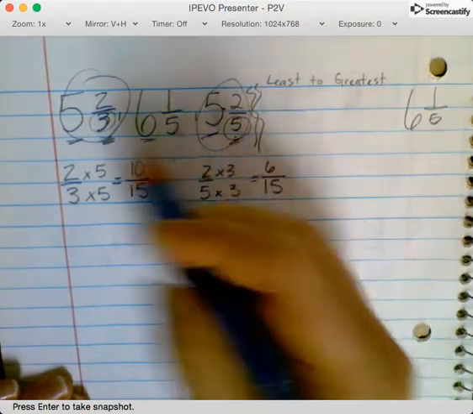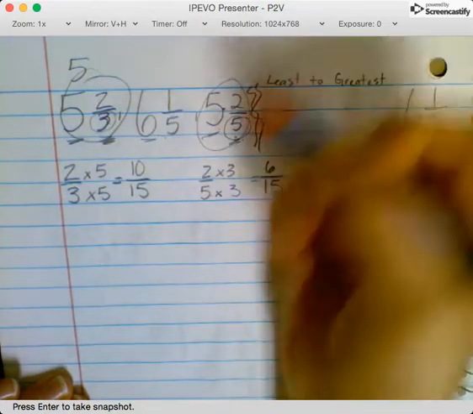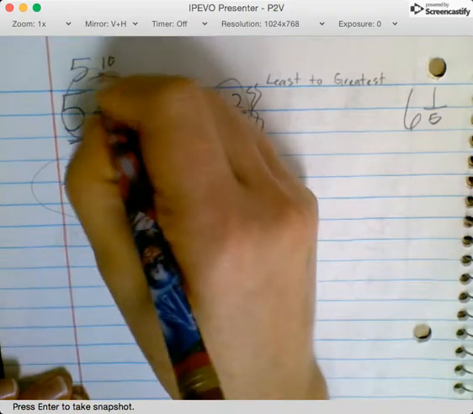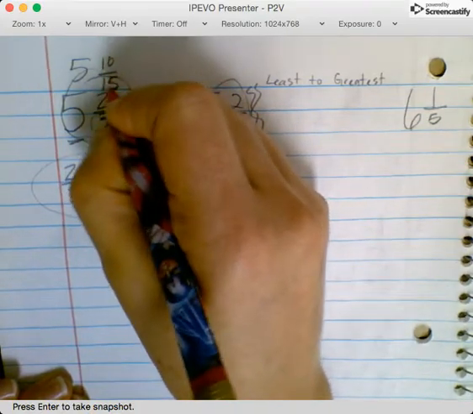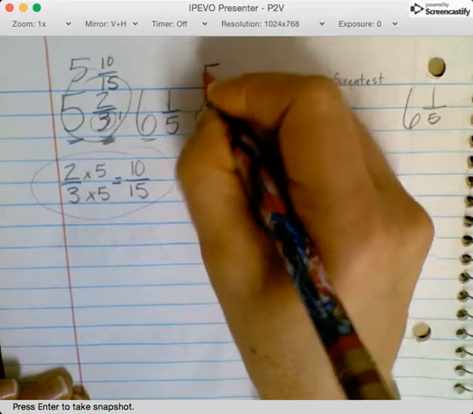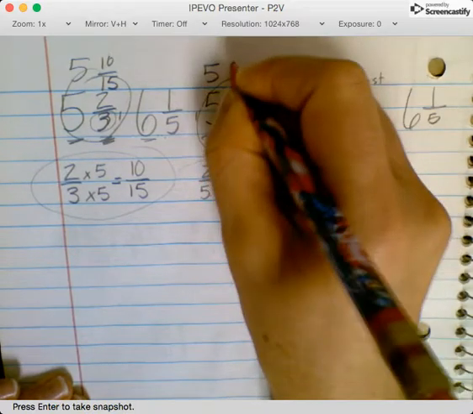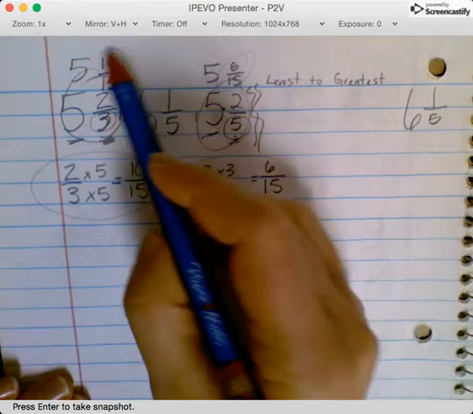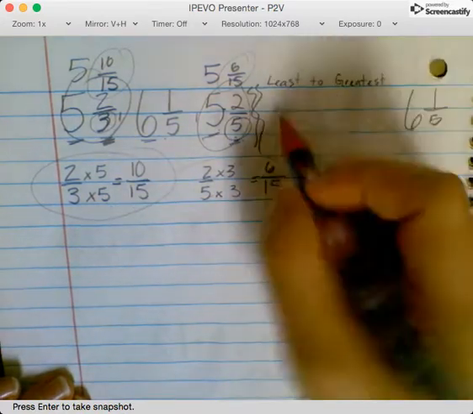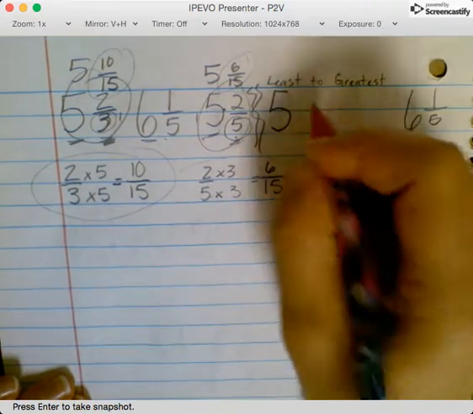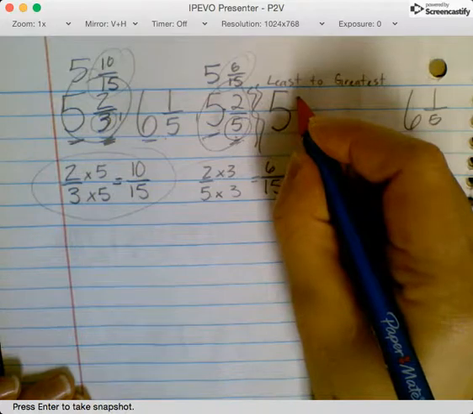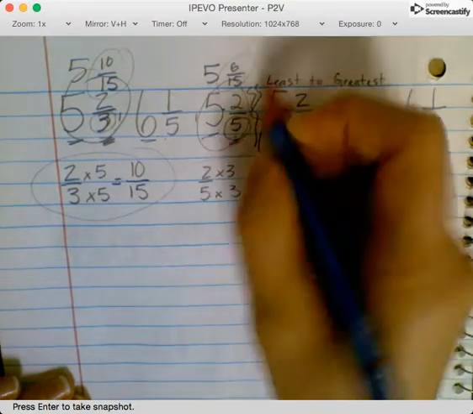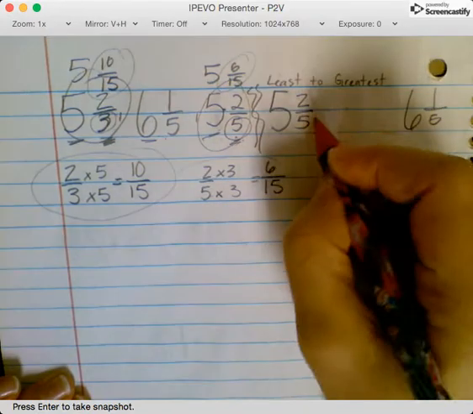So now we have 5 2/3 is 5 10/15. We have 5 6/15. And so we know 6/15 is less than 10/15. So my 5 2/5, this one is the smallest.